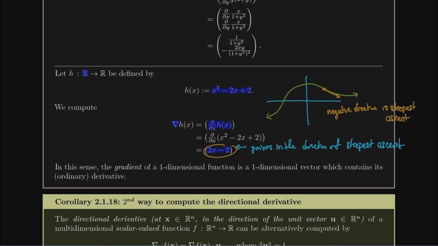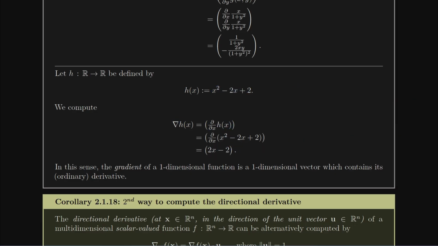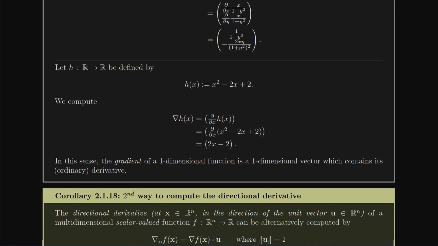So which direction should I walk in to ascend the quickest? If I'm standing here, well, I want to walk in the negative direction to ascend the quickest. And of course, the opposite is true when the derivative is positive, because you're walking uphill in the positive direction then. So yeah, this definitely works in one dimension. Of course, it's a lot more powerful in higher dimensions to find out that direction, which is going to maximize the next step you take.